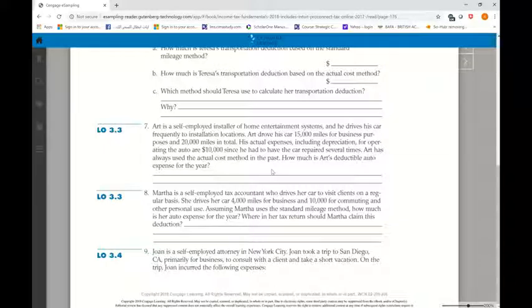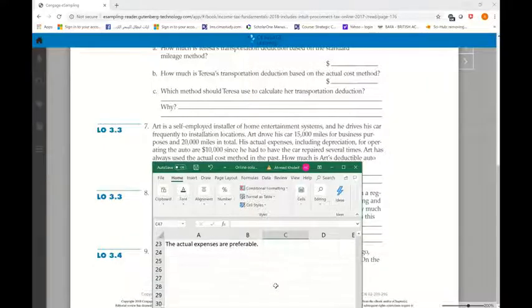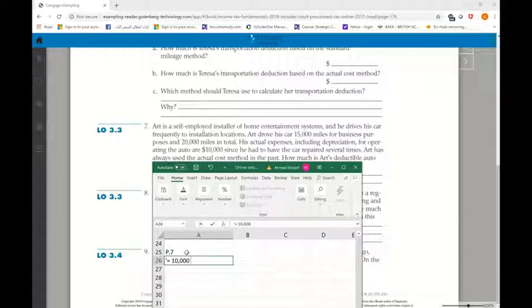Because Art is mainly using the actual method, we have to use the actual method now. Okay, so based on this information, we need to work out the actual deduction for problem 7. So the actual expenses are 10,000, and this needs to be multiplied by the business percentage. The business percentage is calculated based on how many miles were used in the business over the total miles.